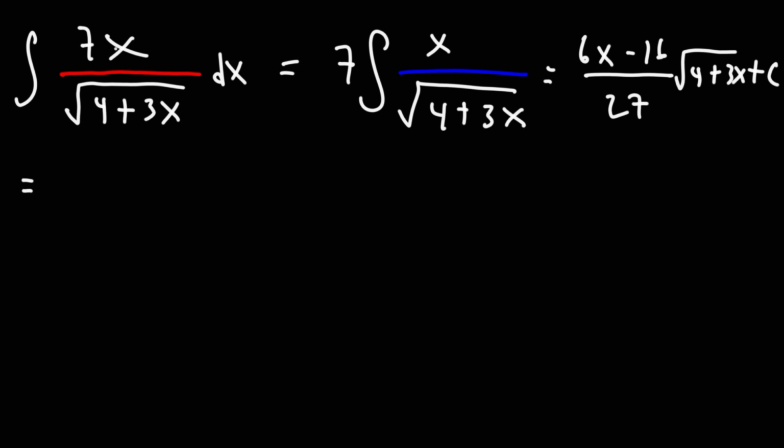Okay, so let's go ahead and find the derivative of this answer to confirm that it's indeed the original problem. So first, I'm going to break it up into two fractions.